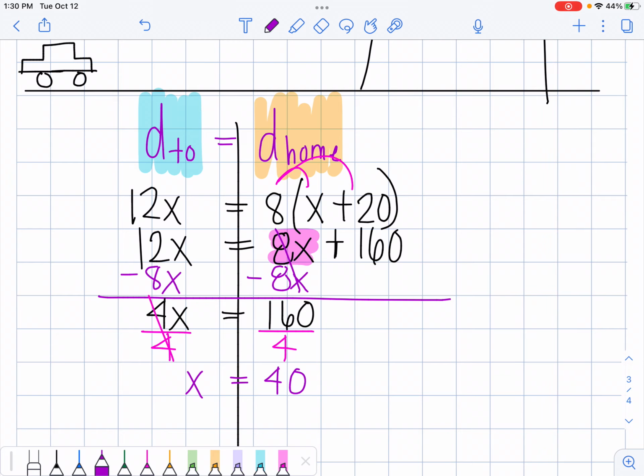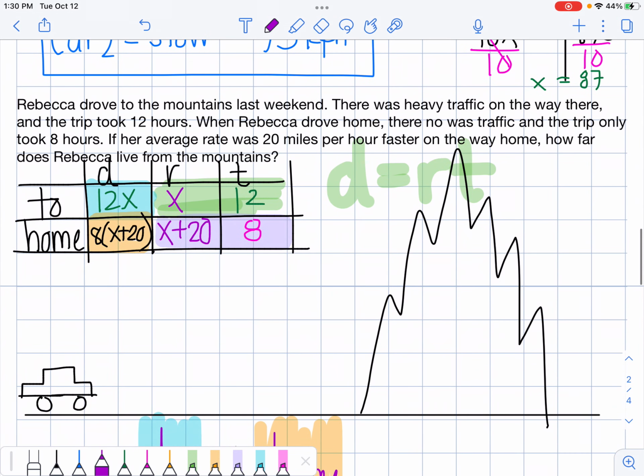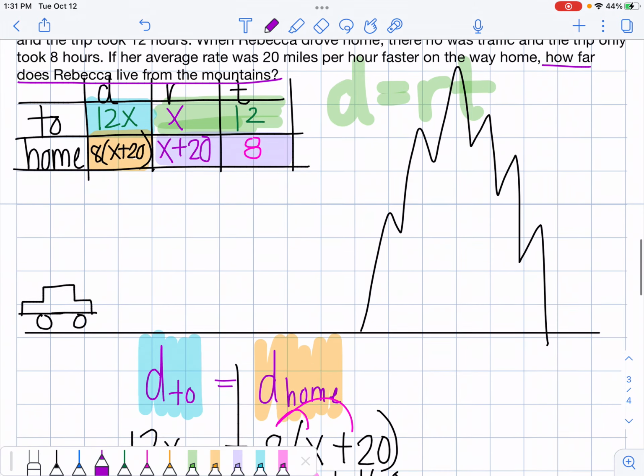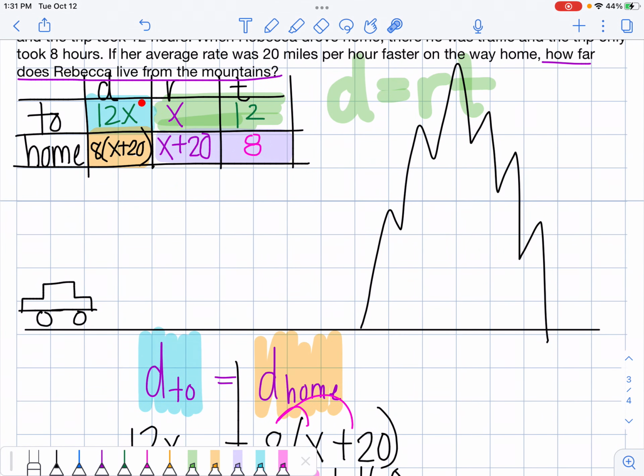Okay, now let's make sure we know what the question is. The question says, how far does Rebecca live from the mountains? So the distance to the mountains and the distance home from the mountains is the same distance. So it doesn't matter if I plug this x in to this blue equation or this orange equation. So you get to pick whichever looks easier. I think this blue one looks easier to me. It looks like it's less work.